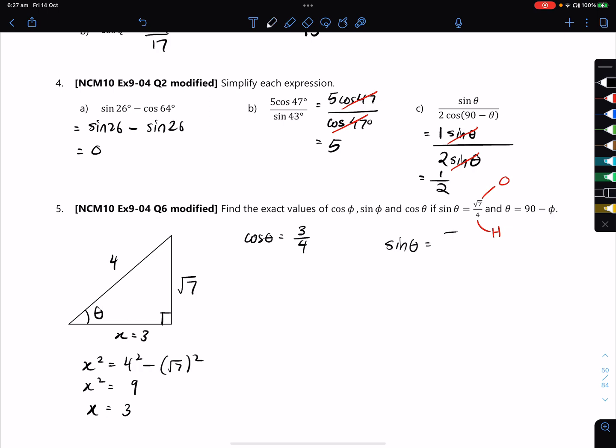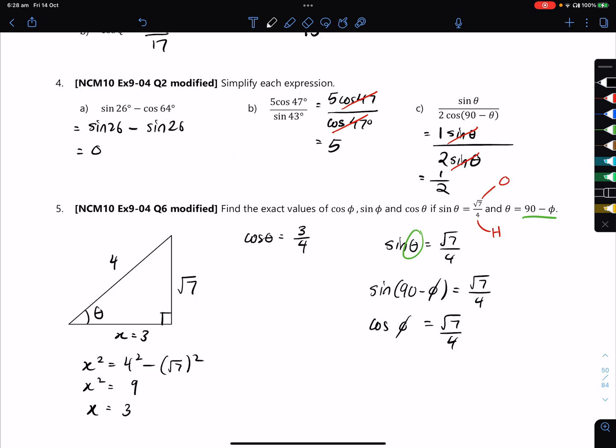So sine theta equals root 7 over 4, but I'm going to change the theta into this. That's what it says. So that means sine of 90 minus phi is equal to root 7 over 4. So we've made theta disappear and we've replaced it with something to do with phi. But sine of 90 minus phi is going to be cosine of phi. So I've changed the sine ratio to its complementary ratio, and I've changed the angle here to its complementary angle. And that is still equal to root 7 over 4.